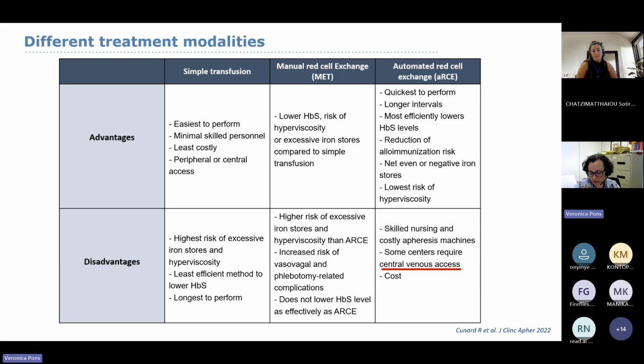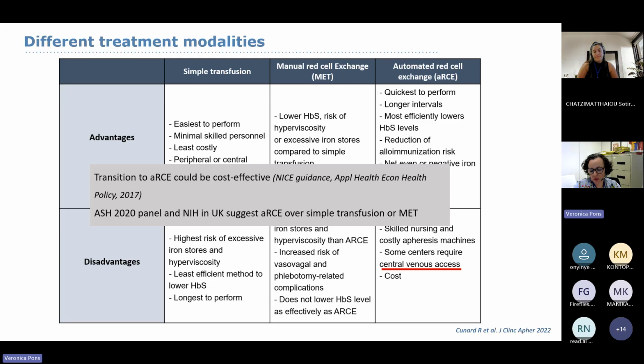But I think it's not a problem today. We are going to discuss this topic. And it should be noted that several studies have found the transition to automated exchange to be cost-effective, and that several expert panels recommend this option over other options.